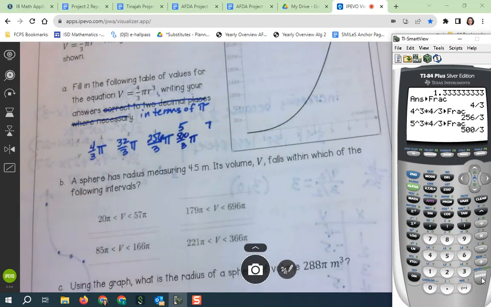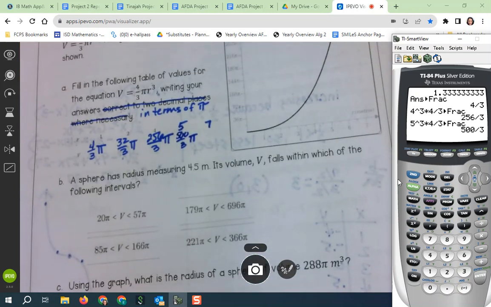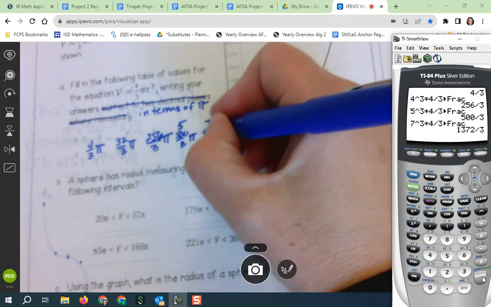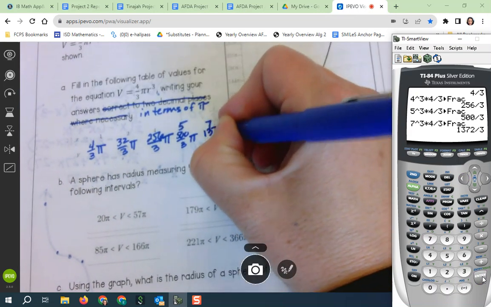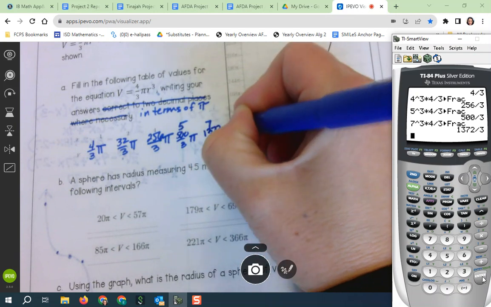And then 7. So I'll do the same thing. Second enter brings me back to the last thing I typed, and then change the 5 to a 7. 1,372 thirds pi.